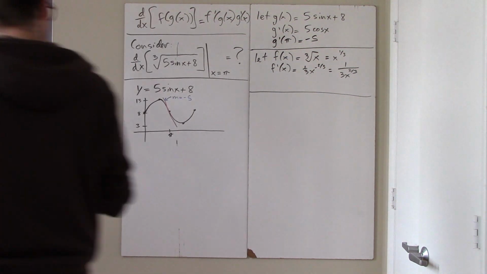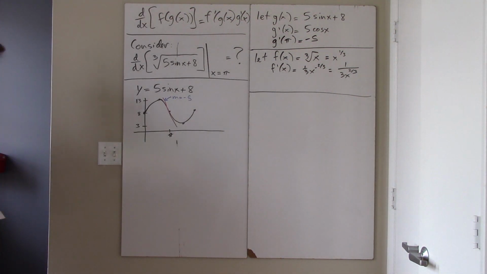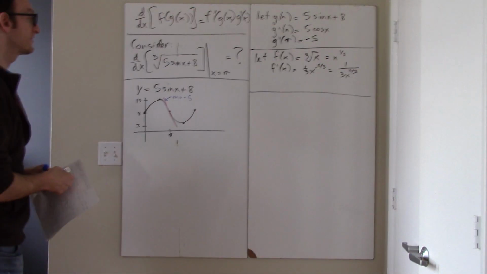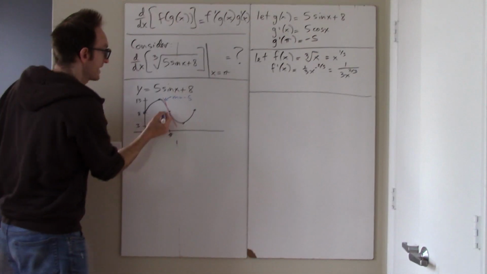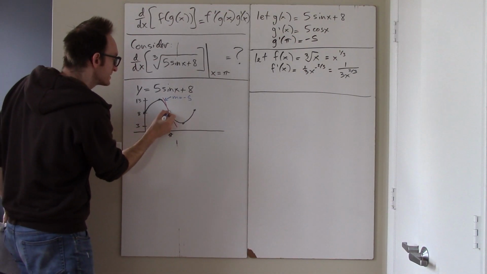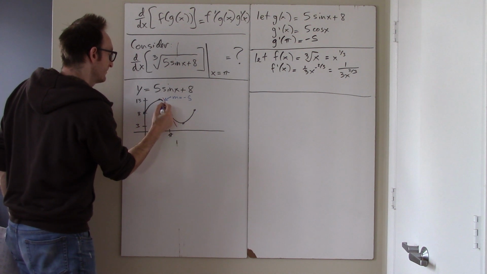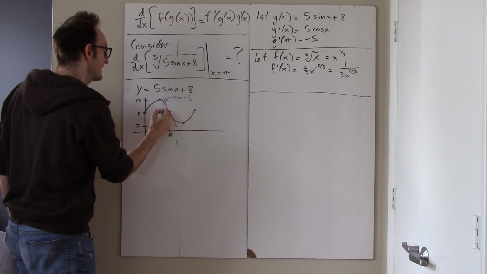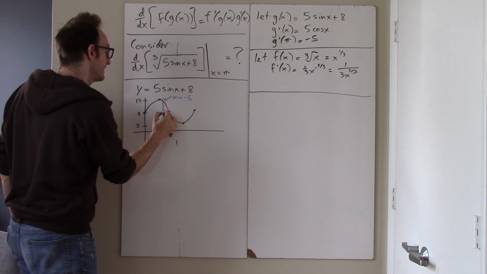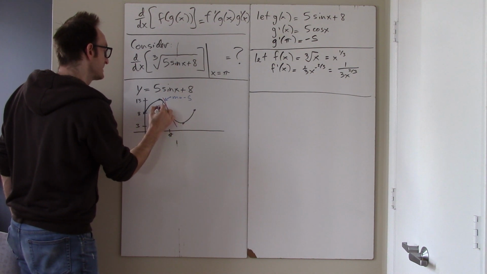But I want to think a little bit more geometrically about what's going on here. If this is -5, what we really mean by that is if we zoom in on some tiny little bit of this function, what we're going to get is a delta x and a certain delta y.